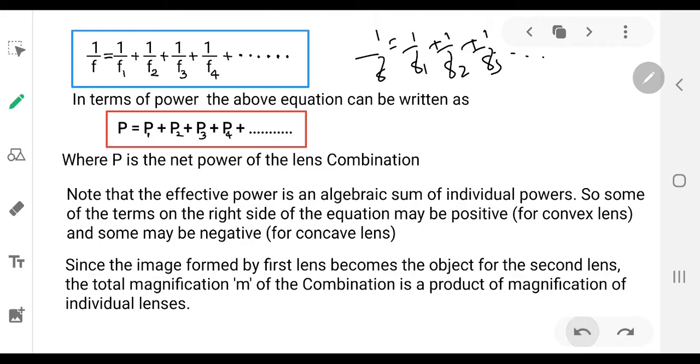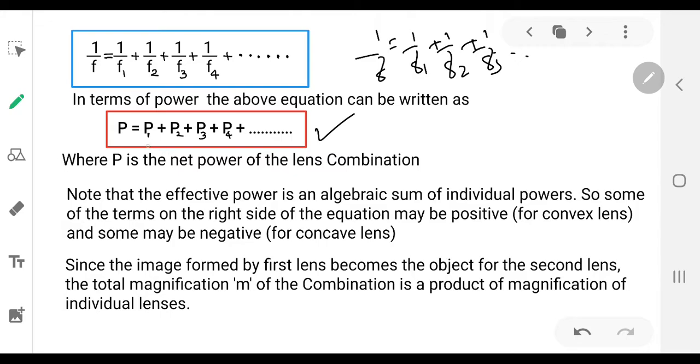If you combine all convex lenses, then the powers on the right hand side of this equation will be positive. Now, since the image formed by the first lens becomes the object for the second lens, the total magnification M of the combination is the product of the magnifications of the individual lenses.